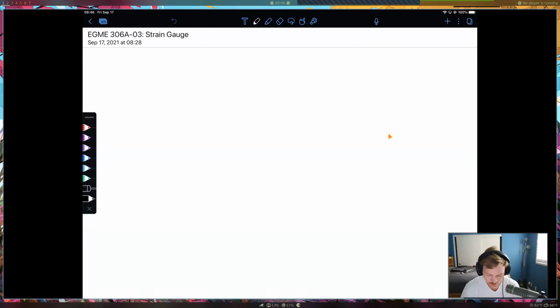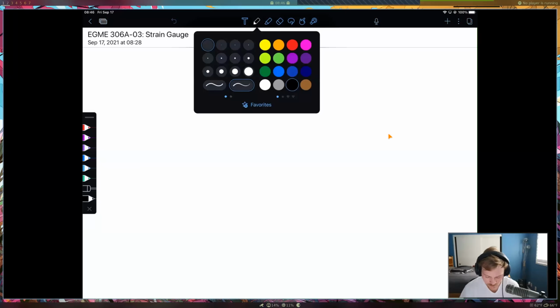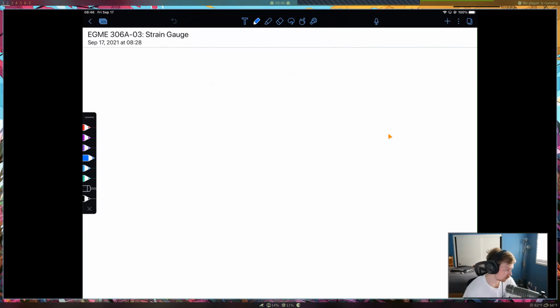Okay, so the strain gauge. Like we just mentioned, this is another device that we use to measure strain, but it's different from the extensometer because it gives us the strain reading directly.